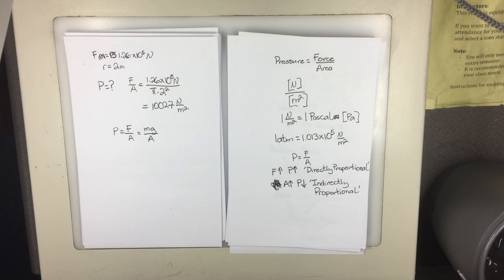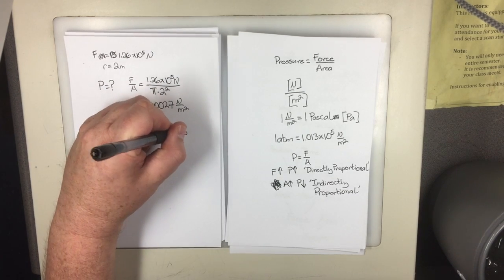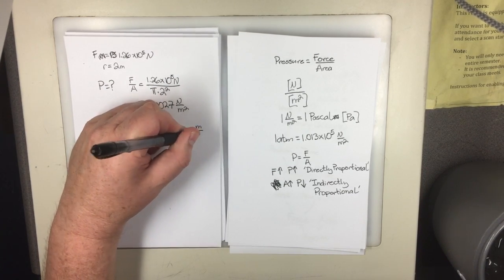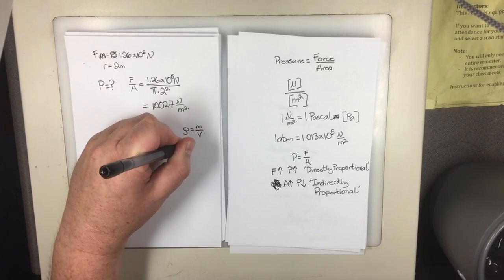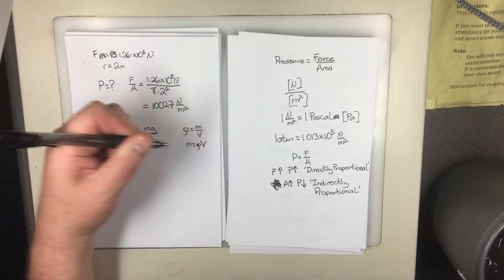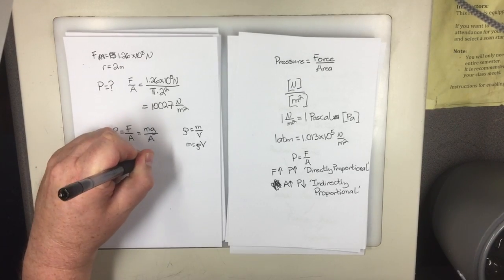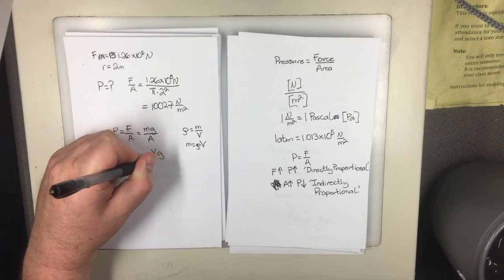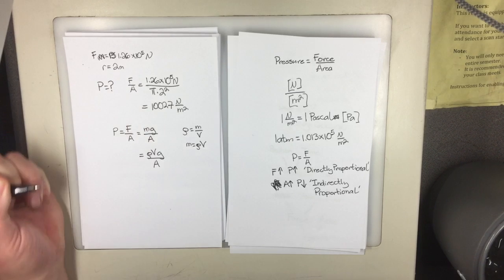Well, we look at what mass means using the Swiss Army knife of equations. Density is mass over volume. So mass is density times volume. Substitute that in there. Density, volume, gravity over area.